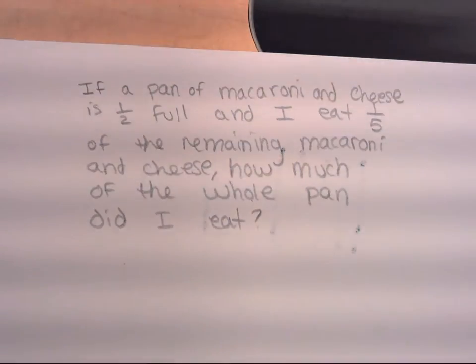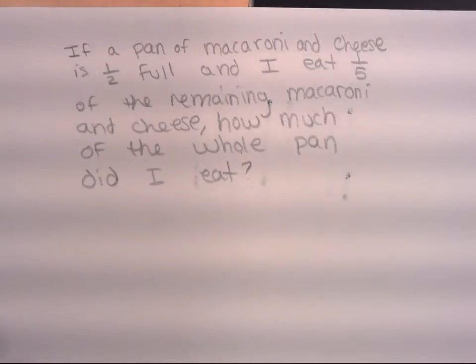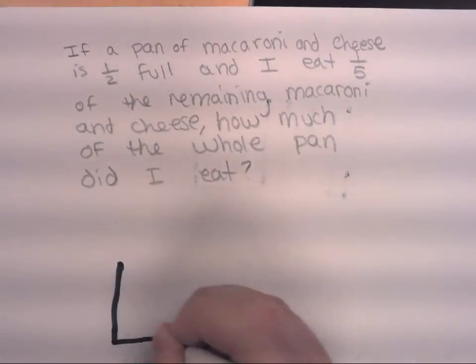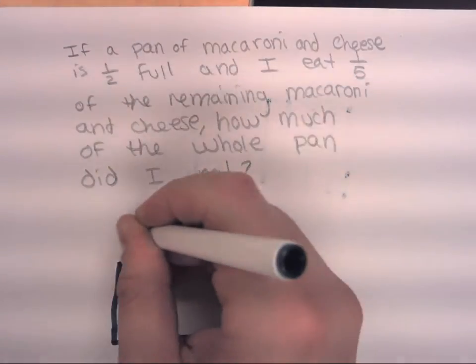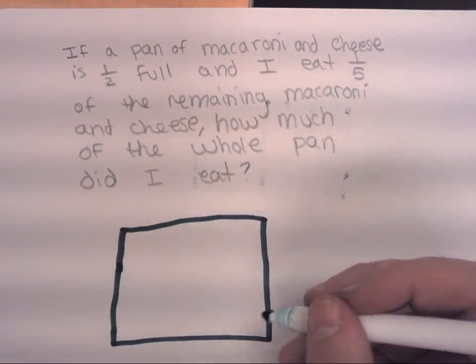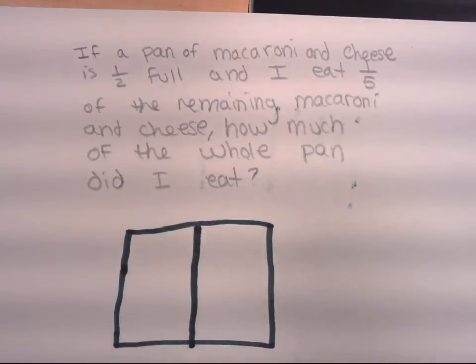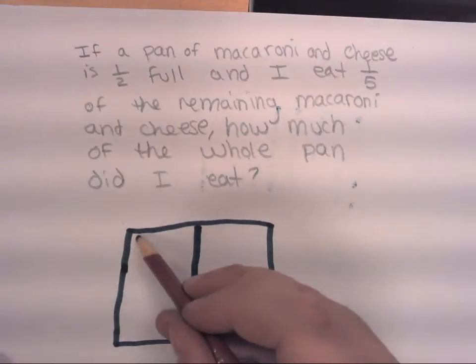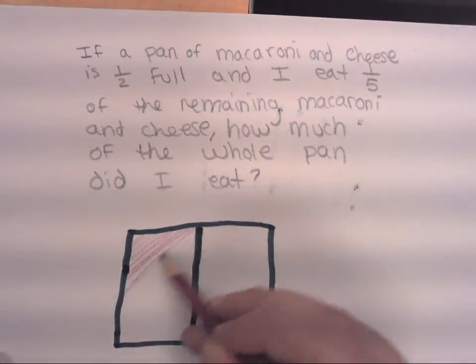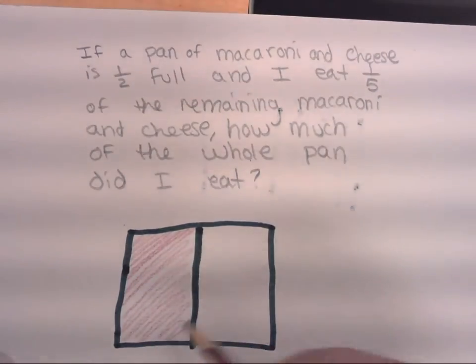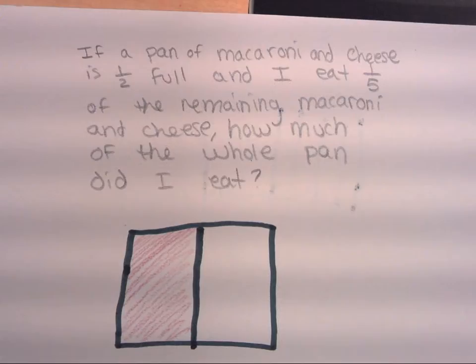And by now, students were very comfortable representing a whole pan as a rectangle. And they were also comfortable with representing half of the pan by dividing the whole into 2 equal pieces and shading one of those pieces in.